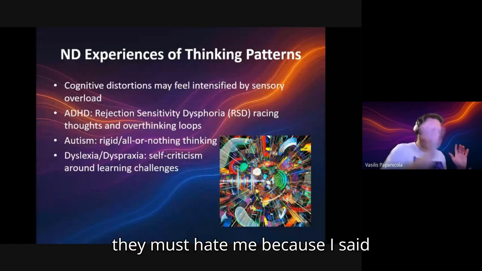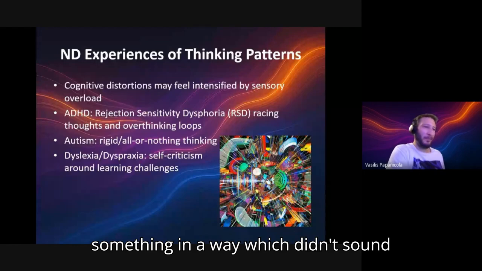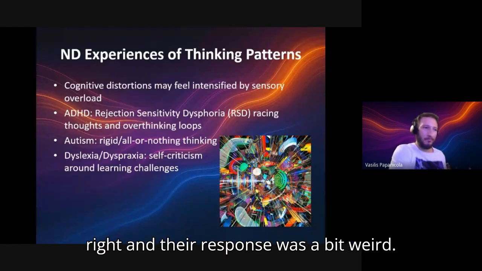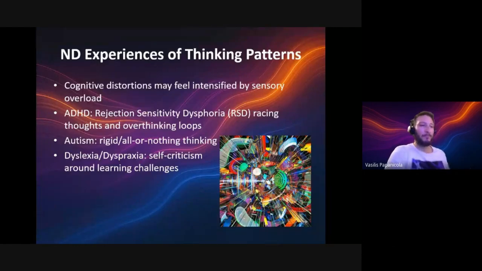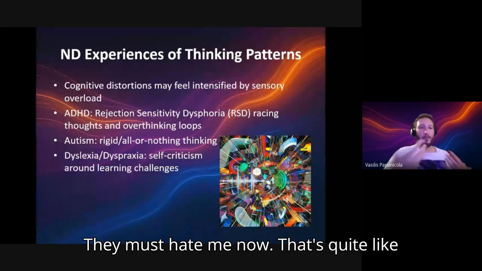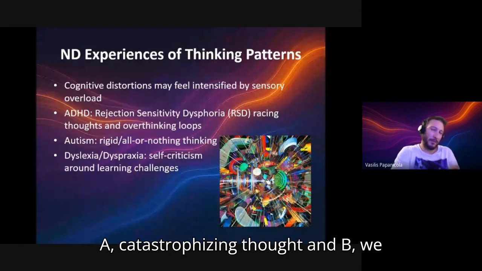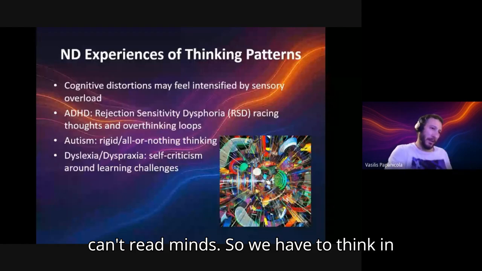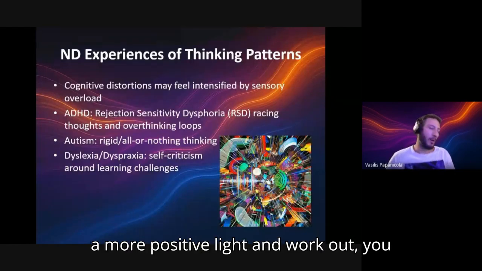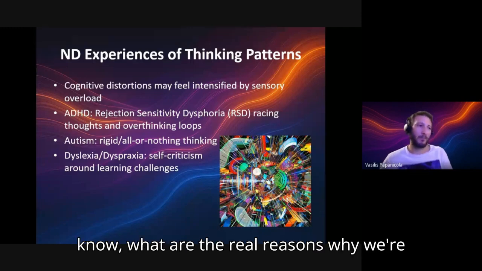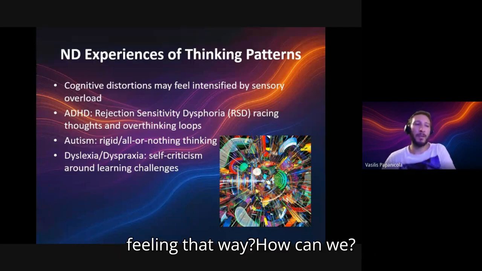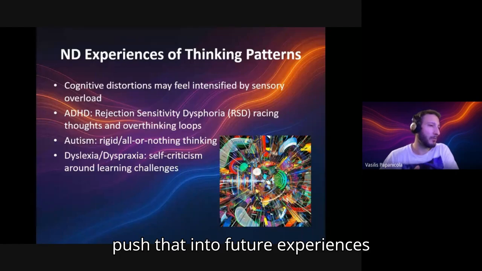They must hate me because I said something in a way which didn't sound right, and their response was a bit weird. They must hate me now. That's quite A, a catastrophizing thought, and B, we can't read minds. So we have to think in a more positive light and work out what the real reasons are why we're feeling that way, and how we can push that into future experiences in a more positive way.